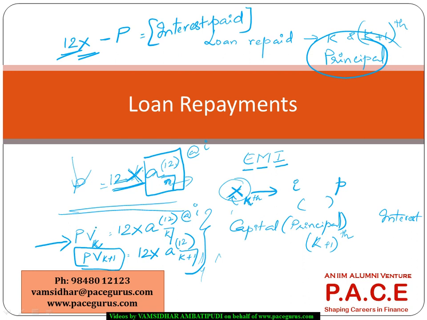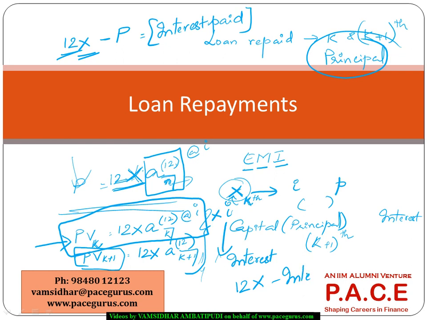Otherwise, once I know this is the principal outstanding at the end of kth period, on that principal you apply the interest. That will give me the interest paid during the K plus 1th year. So again, from 12X you subtract this interest, which will give you the principal paid during the K plus 1th year.